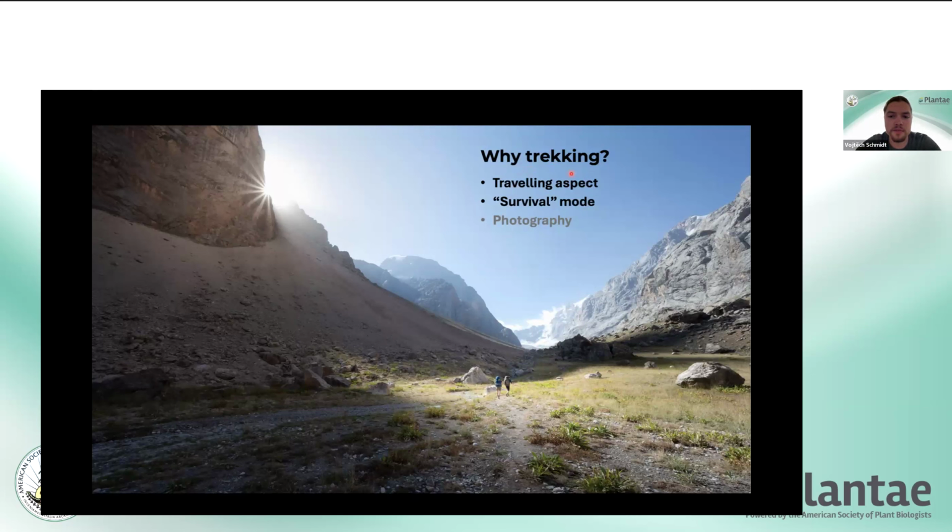I like to do multi-day or even multi-week trips where you enter this survival mode, where your biggest priorities are the sleeping bag and the dinner, and it forces you into a mode where you forget about issues, problems or stress related to work. And I can also do photography in there.